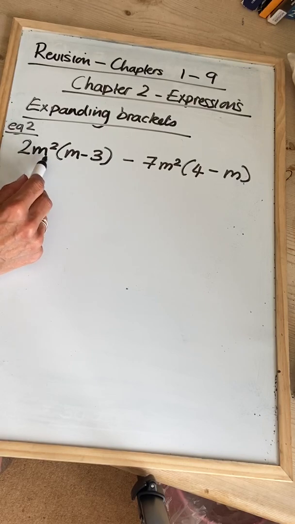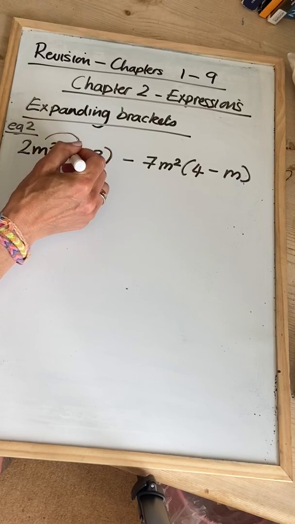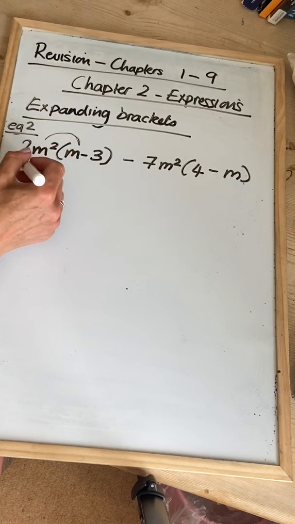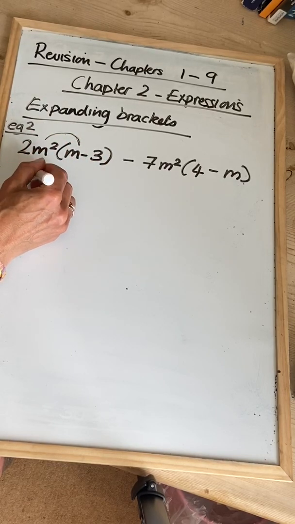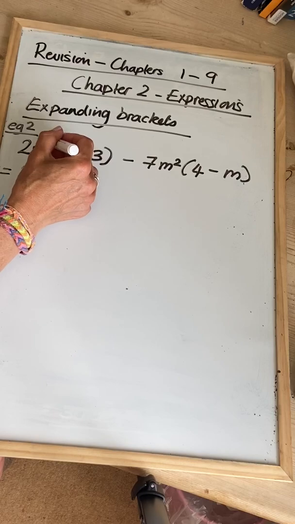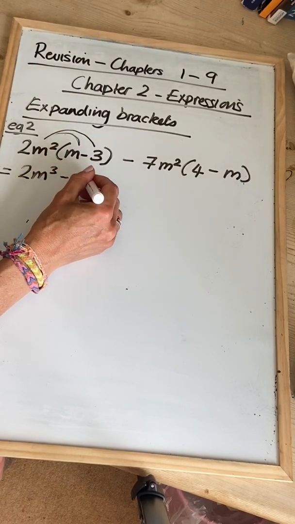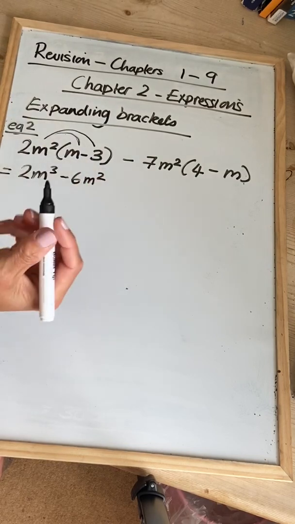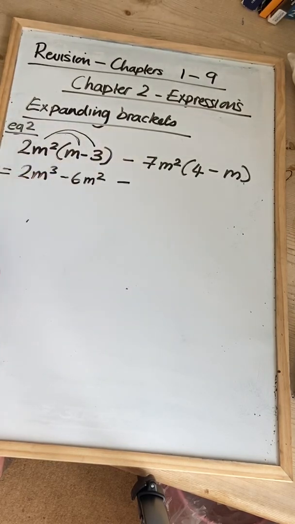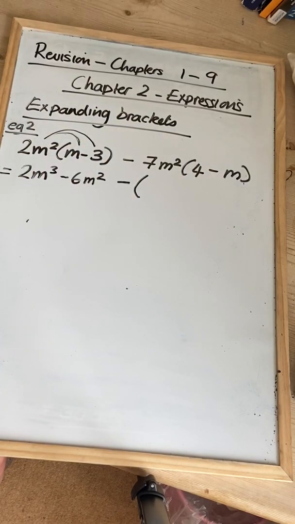So I've got 2m squared times m. Adding the powers is going to give me an m cubed, but the 2 just stays because I've just got a 1 there. And then I've got 2m squared times minus 3. 2 times minus 3 is minus 6m squared. Got this negative. I'm just putting my negative there, but you can work with minus 7m squared if you'd like to.